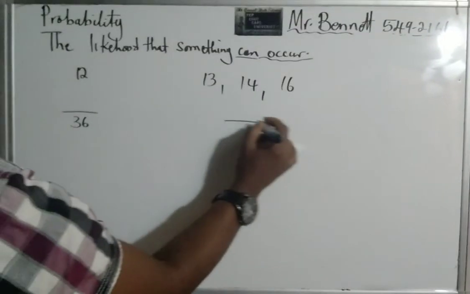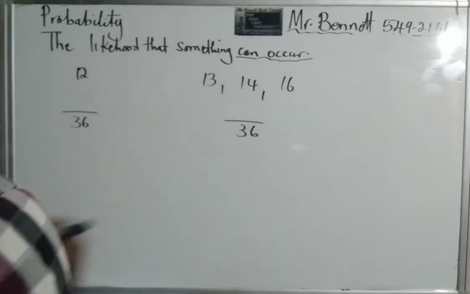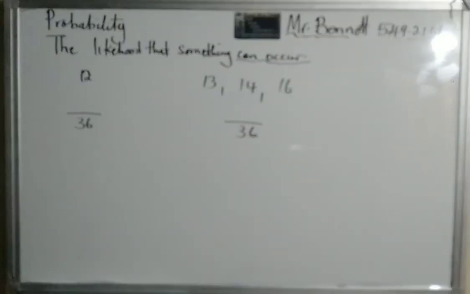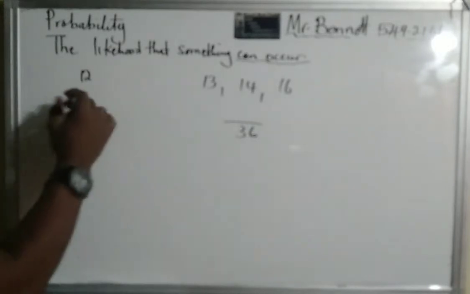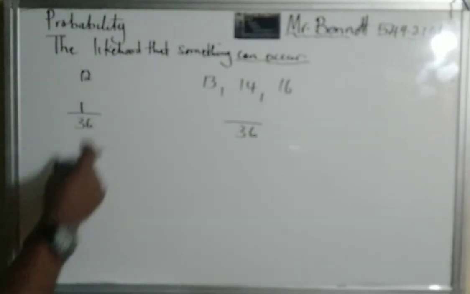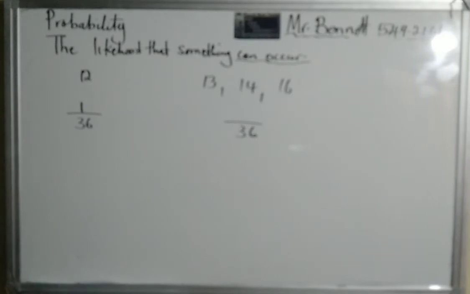So in cash pot you have 36 numbers, right? So both of them, this is also 36. But the chance of you winning is only one number. So the probability of someone that buys one number would be 1 out of 36.